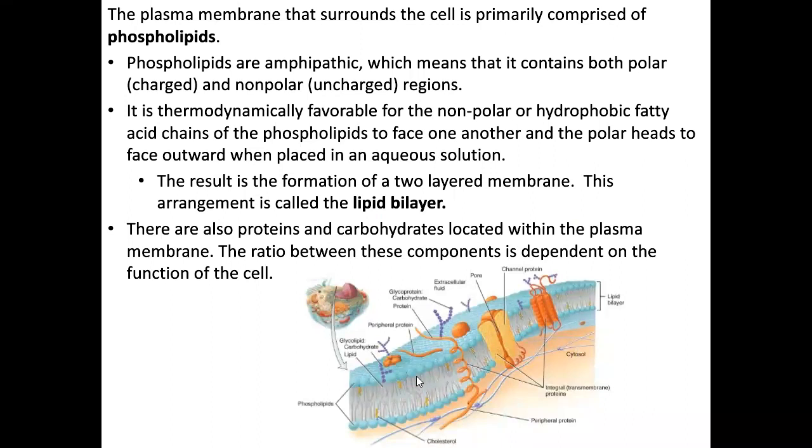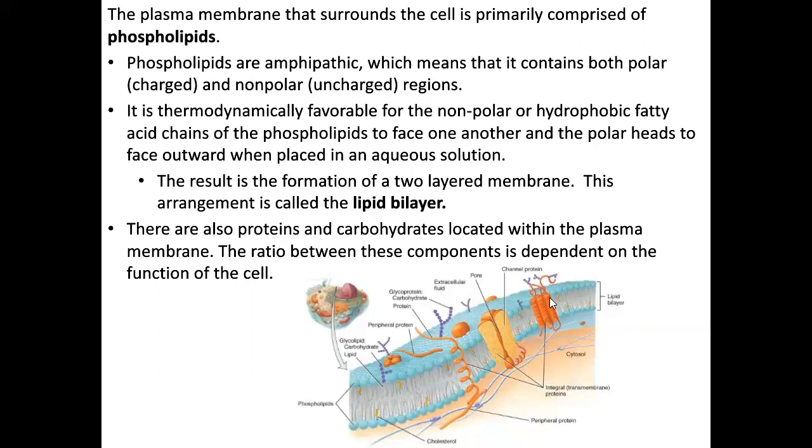And as you can see, phospholipids are very prominent, but they're not the only components of the plasma membrane. This is just a small segment of it. You also find other forms of fats, like cholesterol, for example. We even find glycolipids, carbohydrates attached to a lipid. You'll also find proteins, okay?